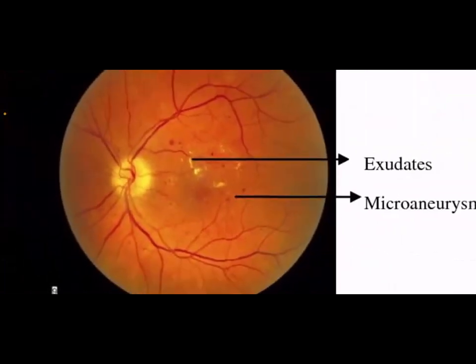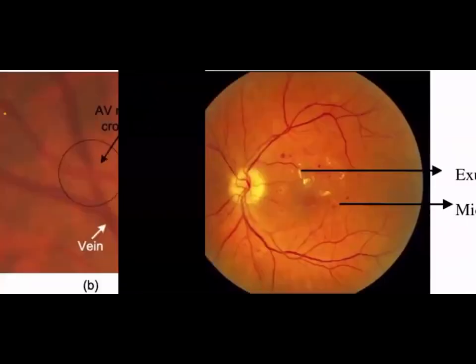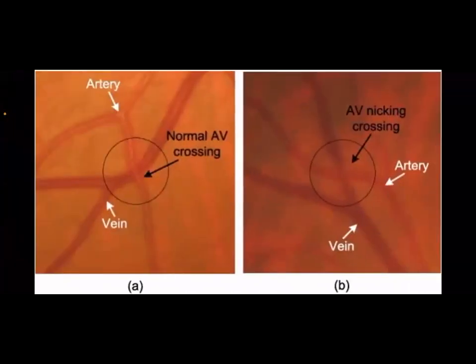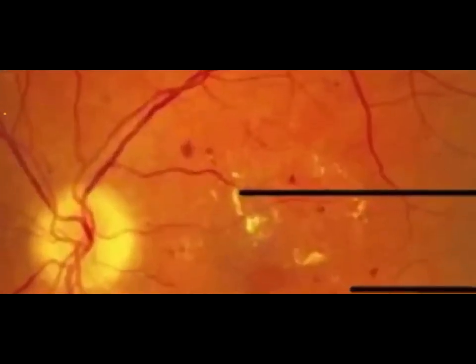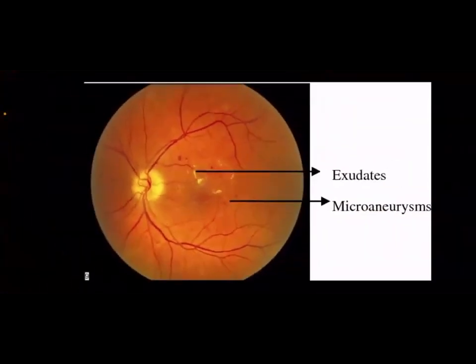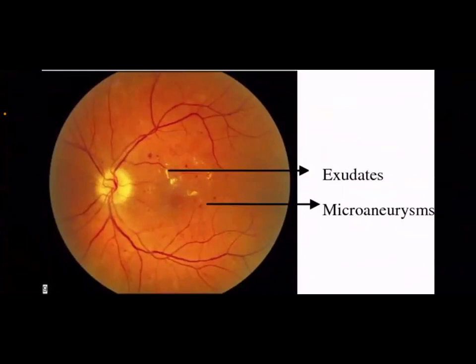Okay, so now we have what? Arteriovenous nicking, microaneurysms and hard exudate or yellow exudate. Usually microaneurysm and yellow exudate happen together, because aneurysm is associated with increased permeability of the vasculature, and then exudate will accumulate in the retina.